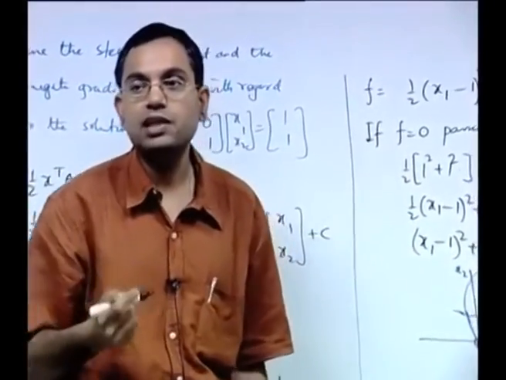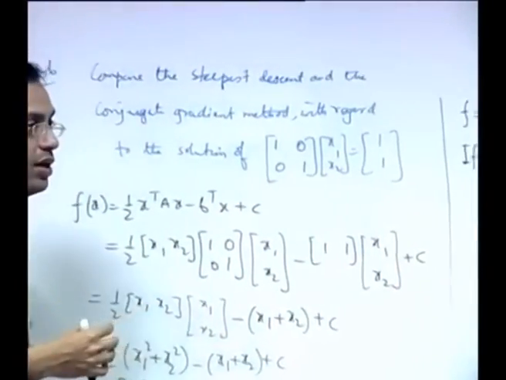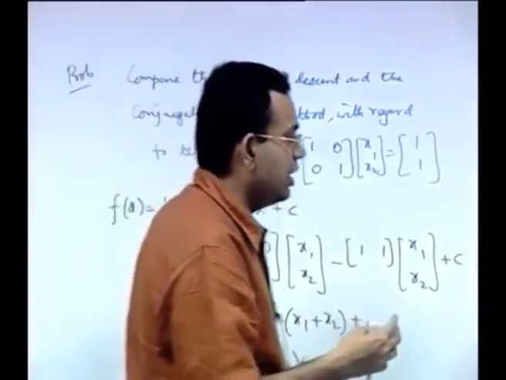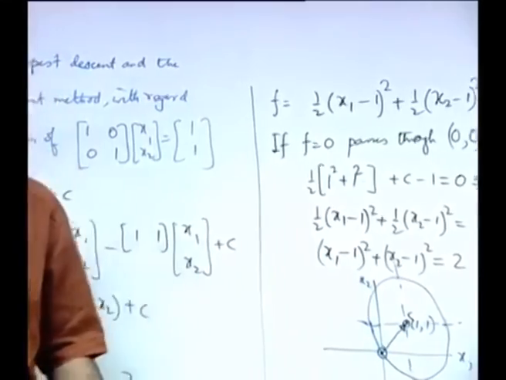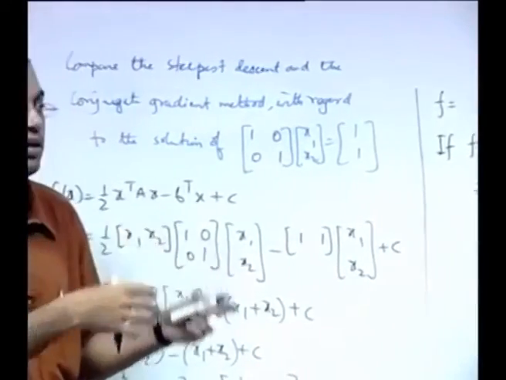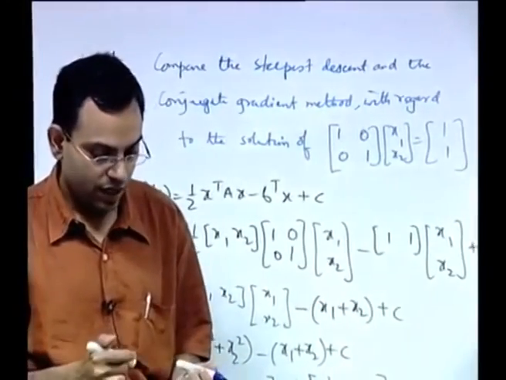So this is a very simple example where you can say that in identical steps you can reach the solution for both the methods without working out the further details.